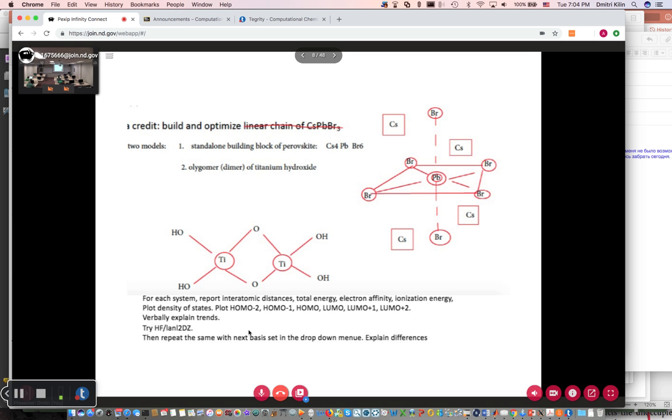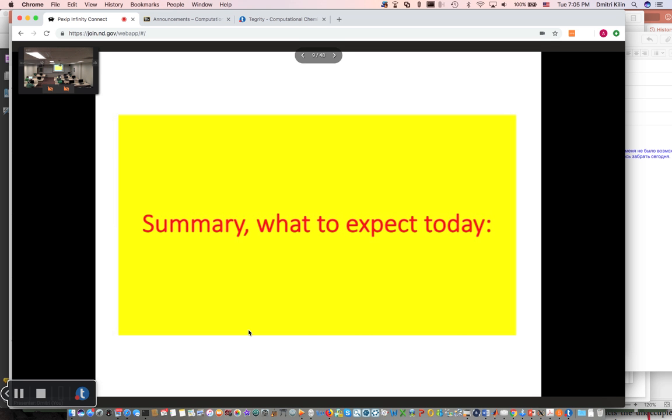So for the submission of homework, try to accumulate all this information to the Word or PowerPoint file and either print it or send electronically.